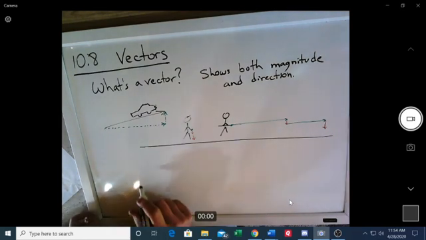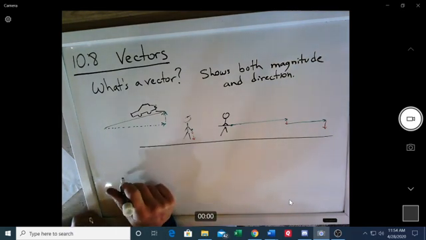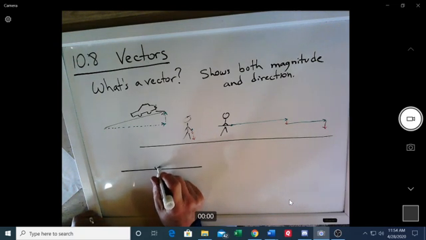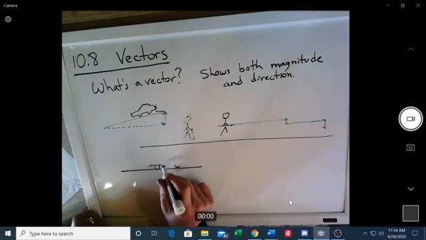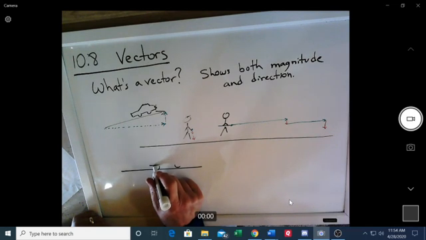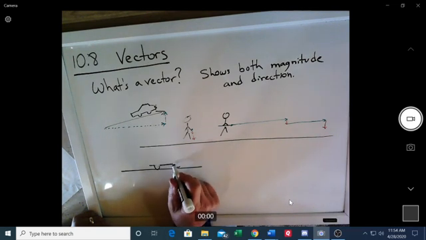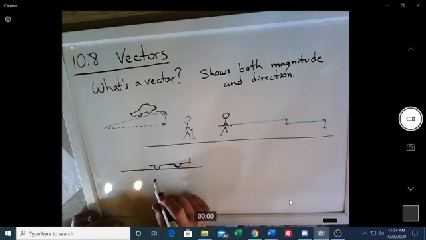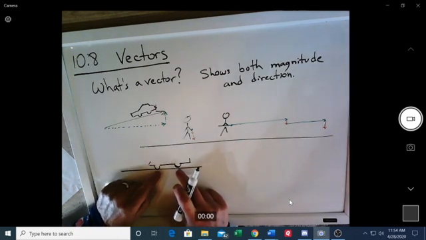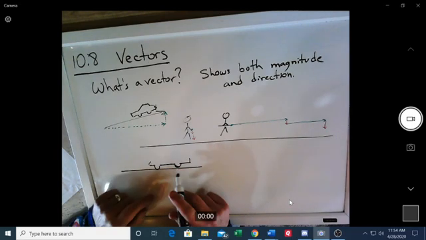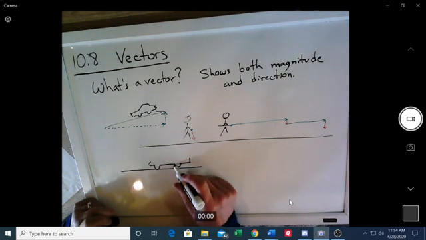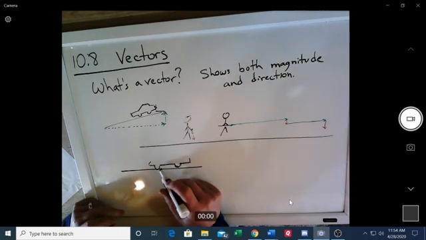Well, if the car was flat on the ground, I'll just draw this portion with the wheels. The car is flat on the ground. The wheels actually are pushing into the ground, and suppose it's sitting on concrete.